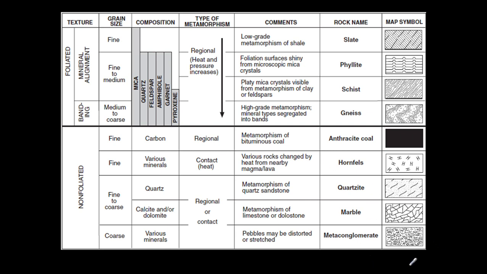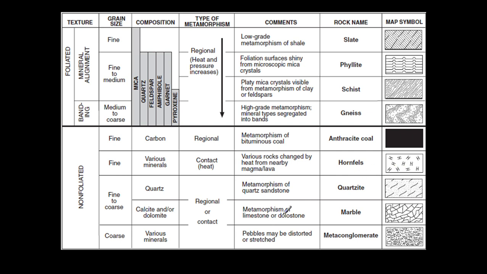Here is your bituminous coal. All right, so if you add heat and pressure to bituminous coal, you're going to become anthracite coal, which is the metamorphic version. Okay, so this is the parent rock. This is what it becomes.